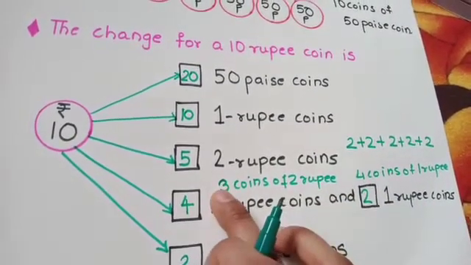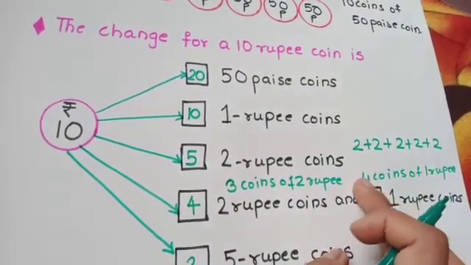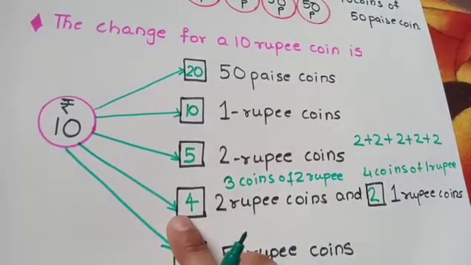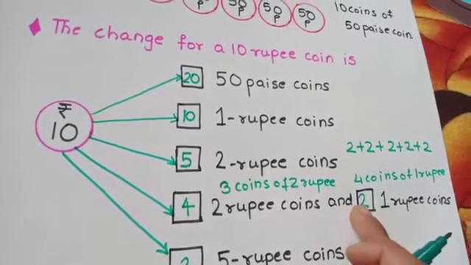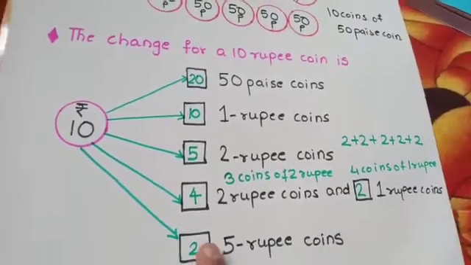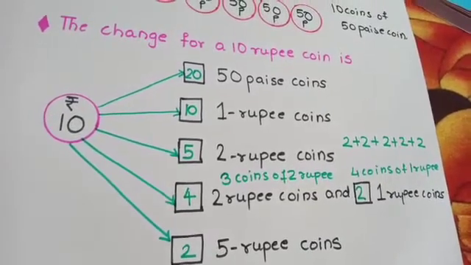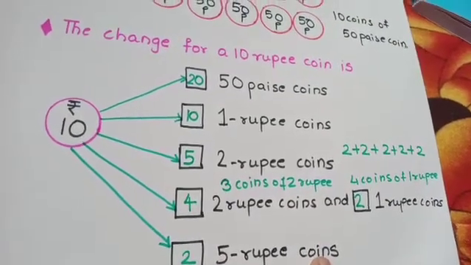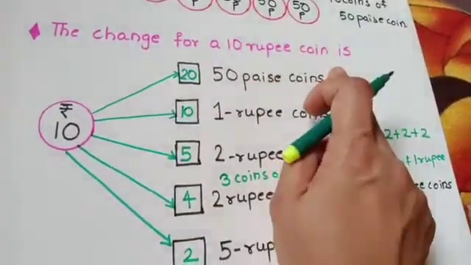If you are giving 3 coins of 2 rupees, of 1 rupee coins you can give 4, or if you are giving 4 coins of 2 rupees, you can give 2 coins of 1 rupee. And 5 rupee coins, how many can you give? You can give 2 coins of 5 rupees. In this way you can give change for a 10 rupee coin.